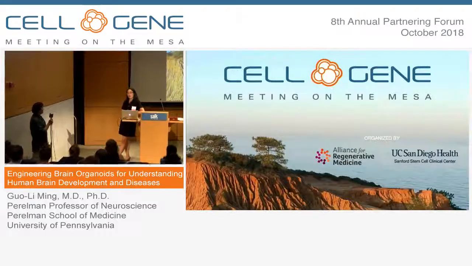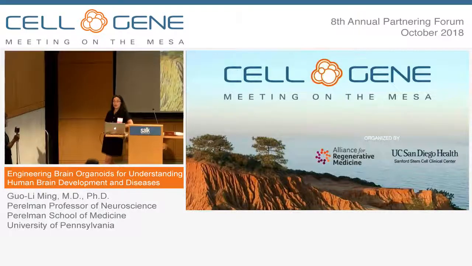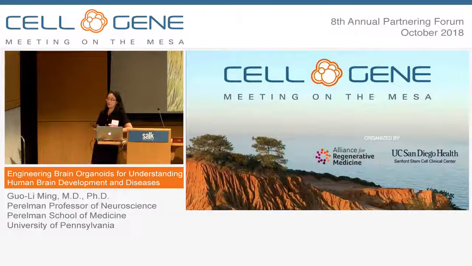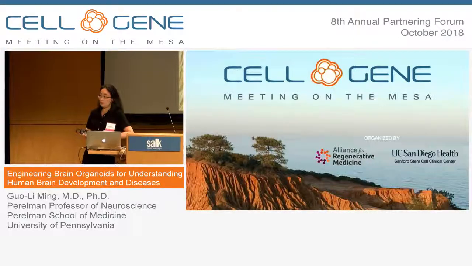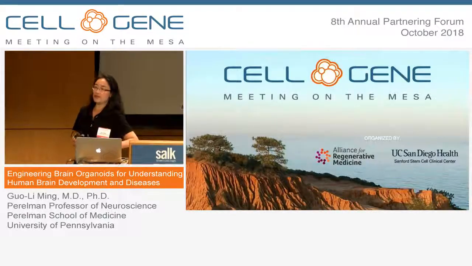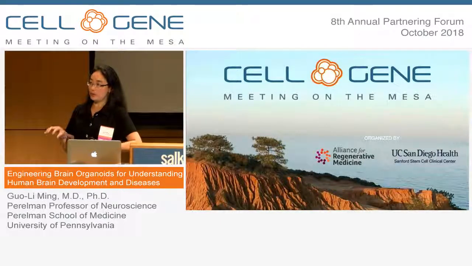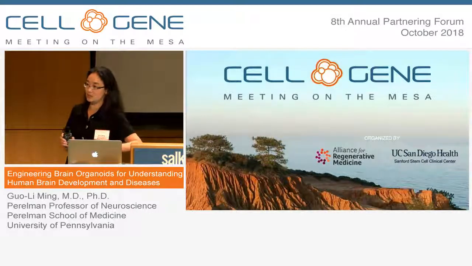So in general, there are two categories of brain organoids. One is the so-called whole brain organoids, originally developed by the Knoblich group, where they have different brain regions. The one that we have developed here is brain region specific, so we only have the forebrain. In the whole brain organoids, the different brain regions are randomly distributed, which makes it hard to look at the connections.